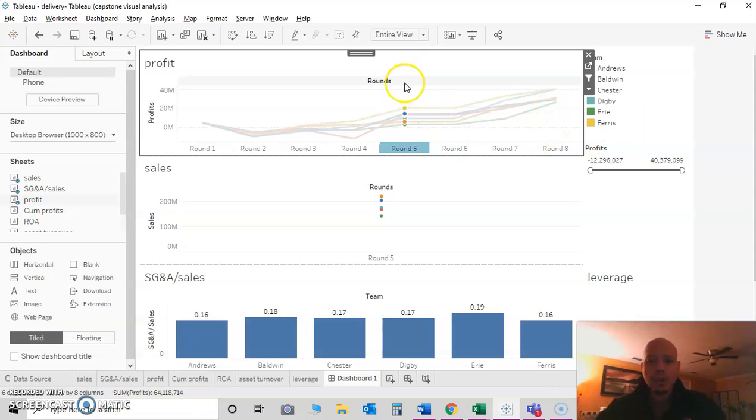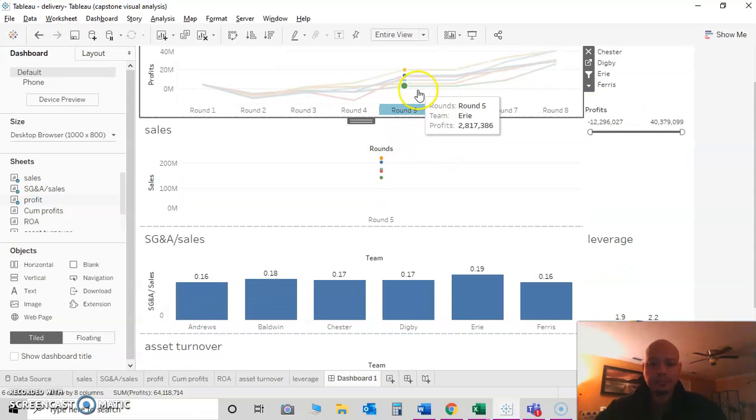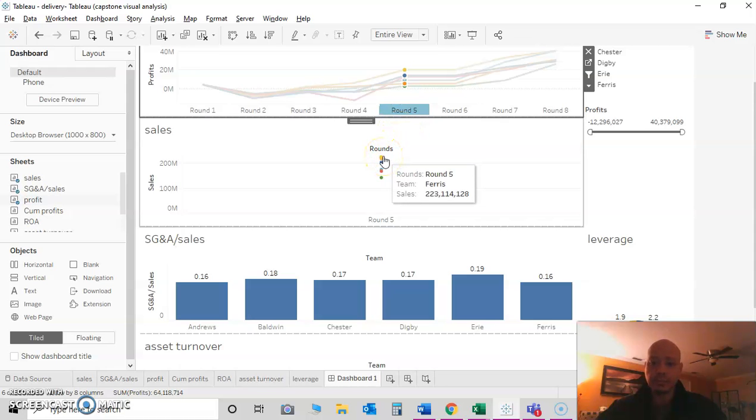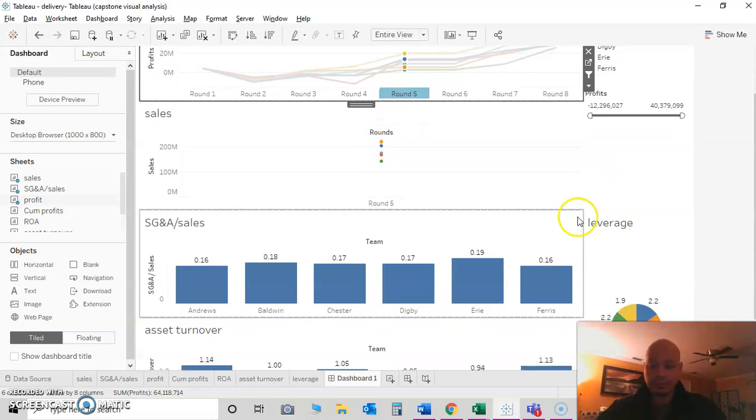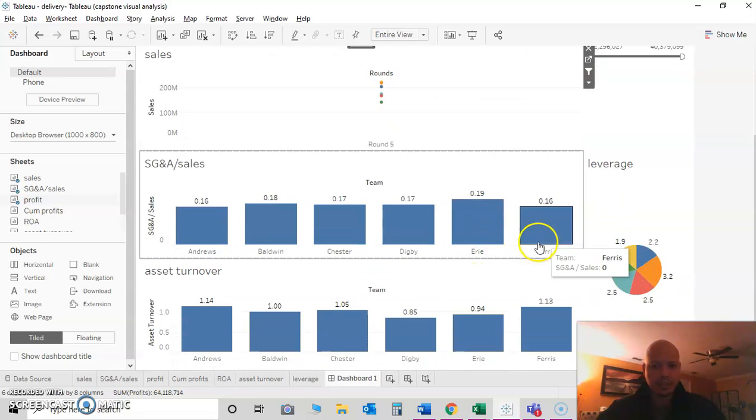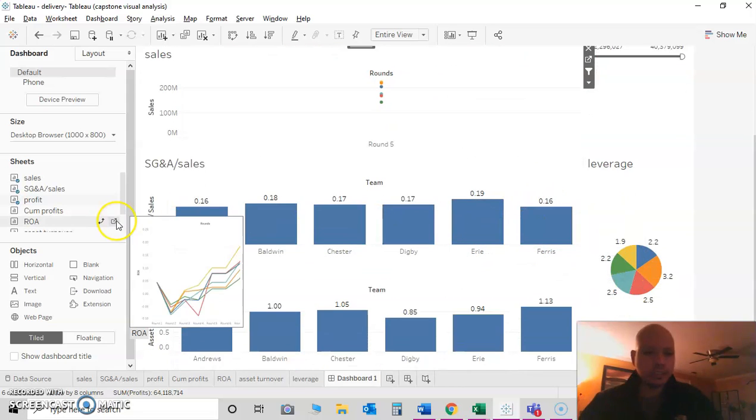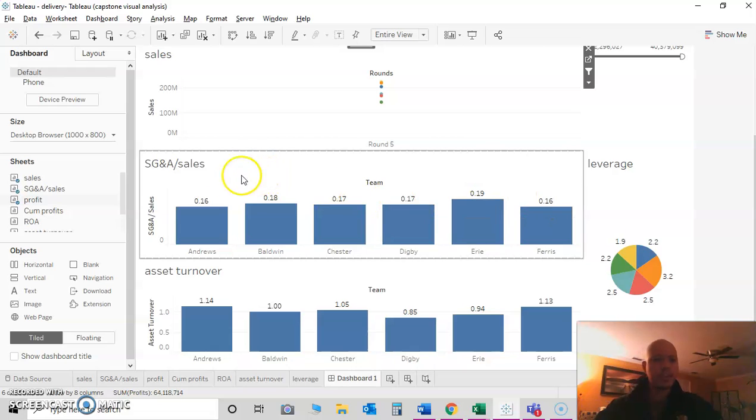So here we can see that Ferris is getting a good head start. Profits at almost $20 million. Sales at about $223 million, already in first place. And let's look at a couple of the reasons why. So just looking at period 5, we can take a look here at the SG&A. Ferris is being very efficient.